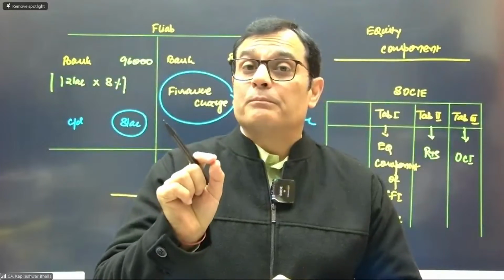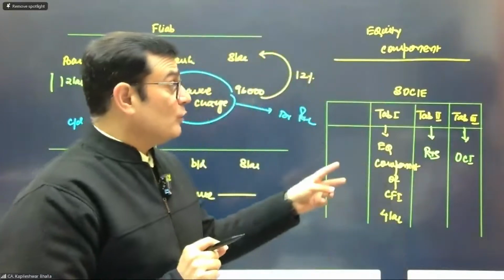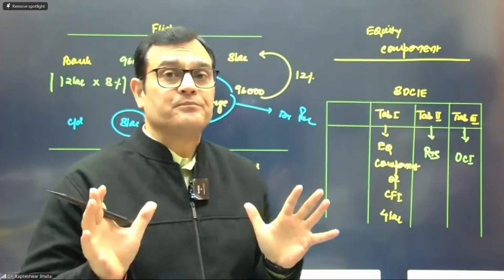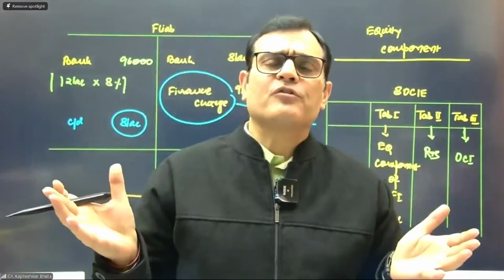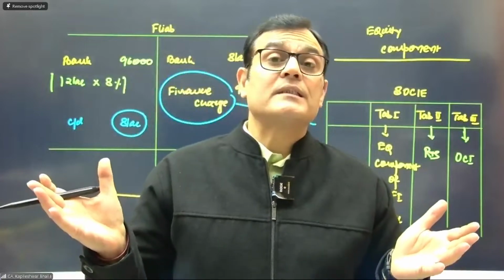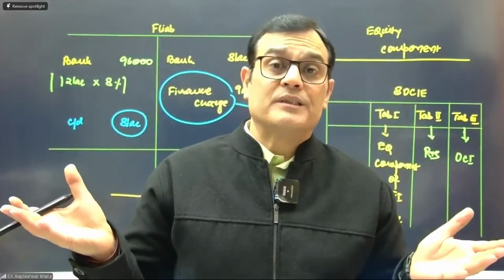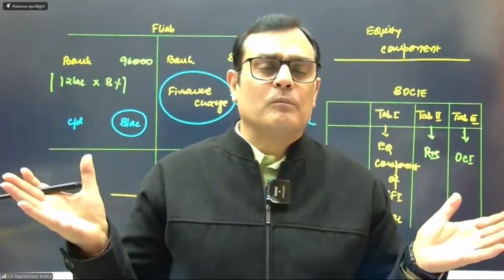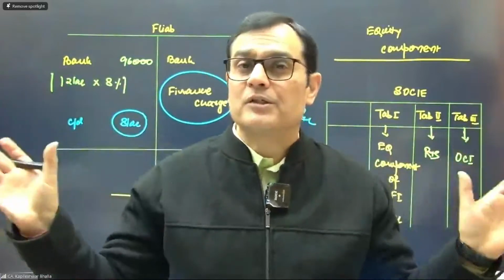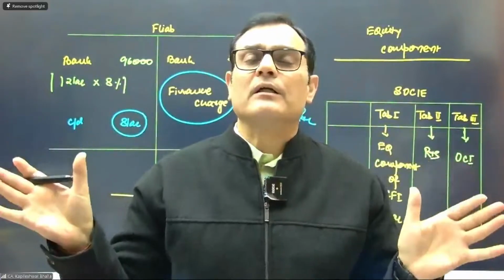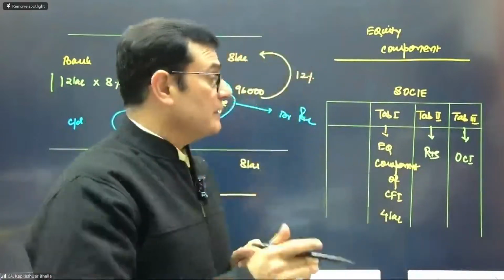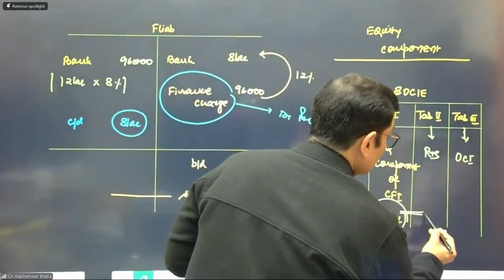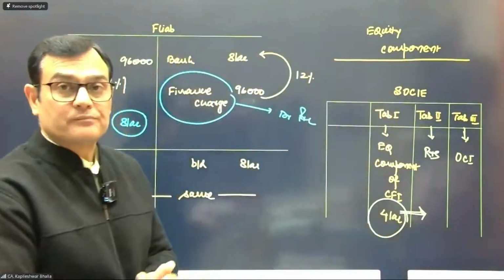The equity component of the CFI is going to rest in tab number 1 out here, that is 4 lakh rupees. So what happens to this 4 lakh rupees? Though it's a perpetual debt instrument, let's assume once the instrument is gone, let's say even on liquidation of the company, this 4 lakh rupees will be transferred to tab number 2.